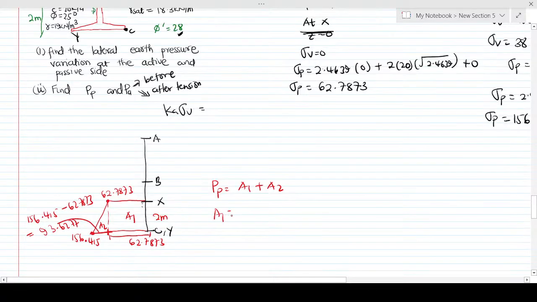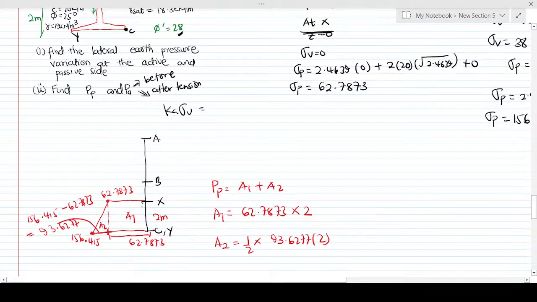So A1 is a rectangle, so length times breadth, that's 52.7873 by 2. Then A2 is a triangle, so half base by height. Base is 93.6277 by 2, right? So let's see what we have.